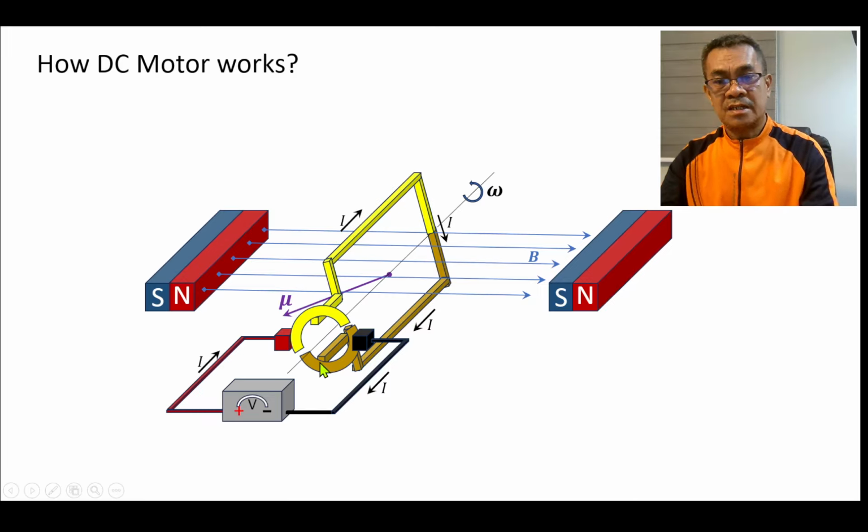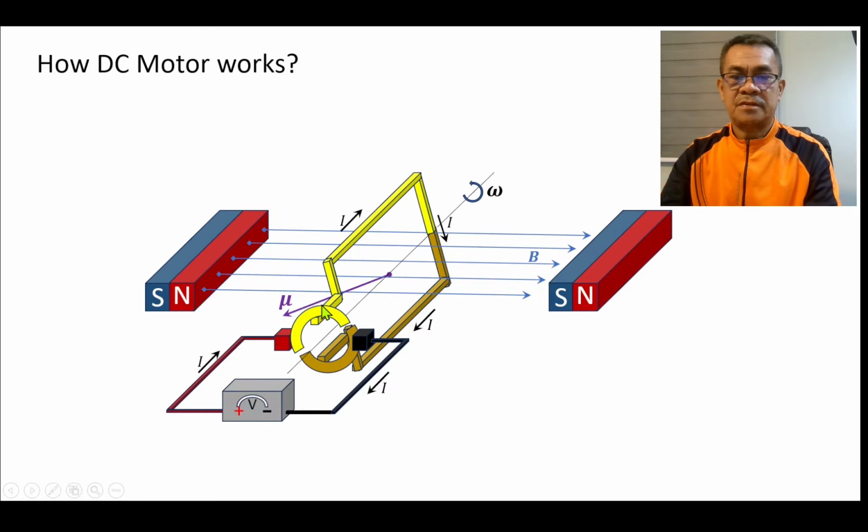Previously it was connected to this gold semicircle, but this time the positive was connected to the yellow conductor, the other half of it. So the purpose of the semicircle is to reverse the current.